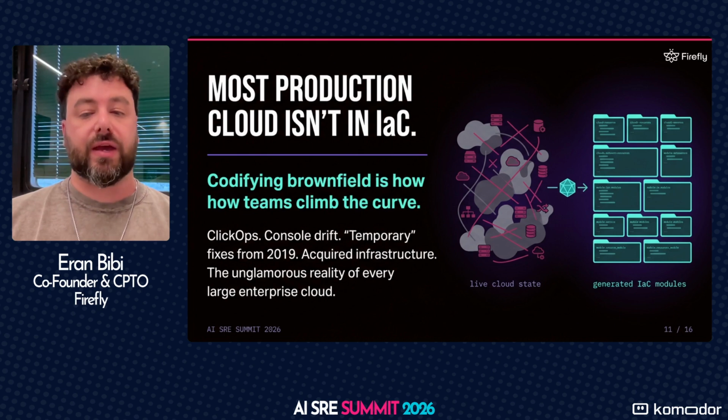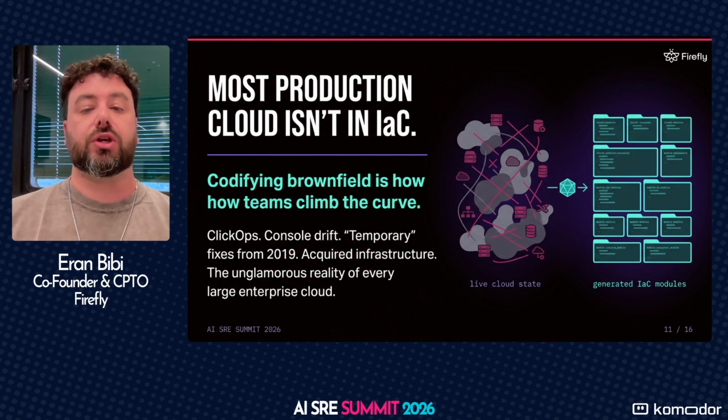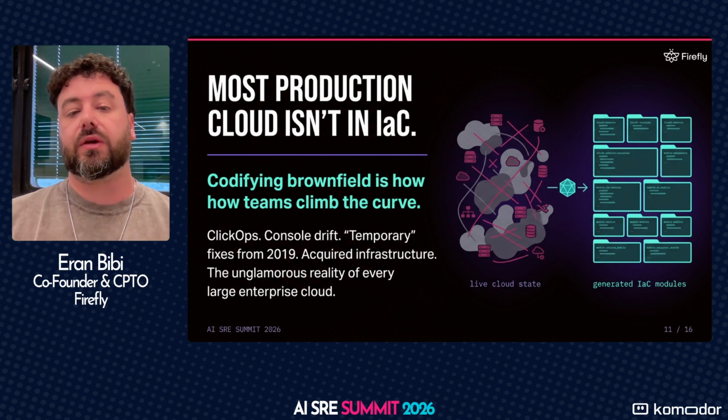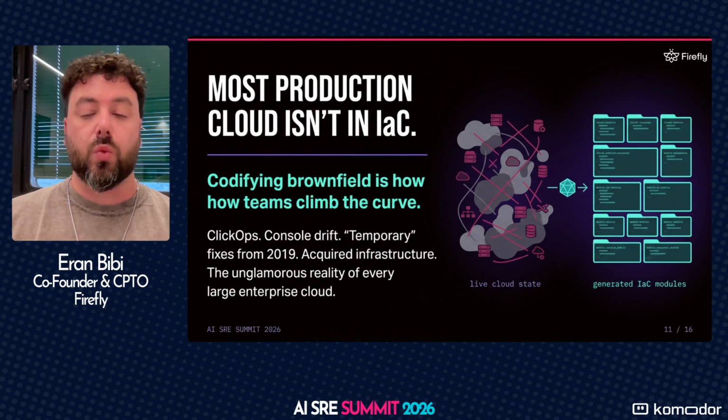Right now, with AI agents, with models that are smart enough, you can do that retrofit very easily and make sure that all of your cloud infrastructure, regardless of when it was created and how it was created, is described as code.